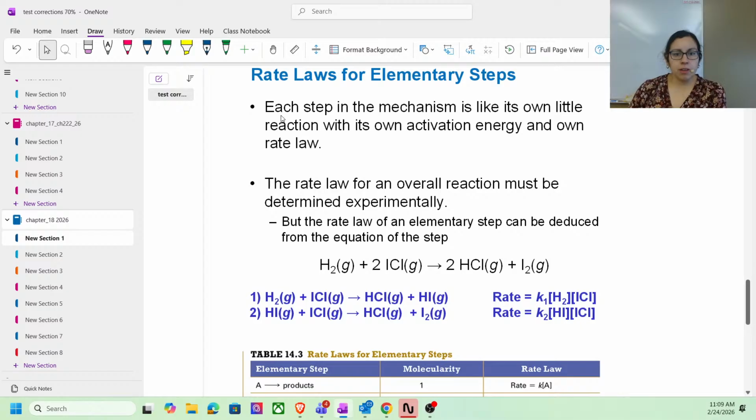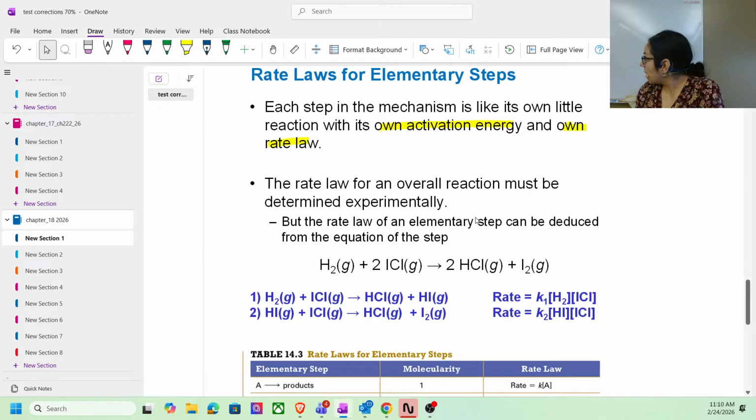Each little step in our mechanism is like its own little reaction. So every step technically has its own activation energy. That's something else, that if you were looking at a detailed paper, they might break down the activation energy of each step. And then this is where we get to our own rate law.